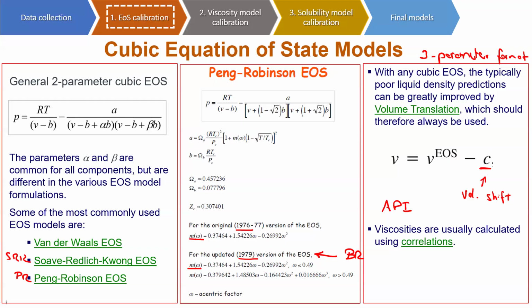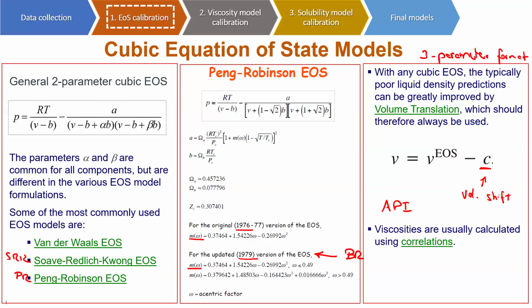There is a big discussion about this third parameter. I know that it's not thermodynamically consistent. Experts on thermodynamics are very critical about this third parameter. However, I would say that it's impossible to match liquid density without this third parameter.